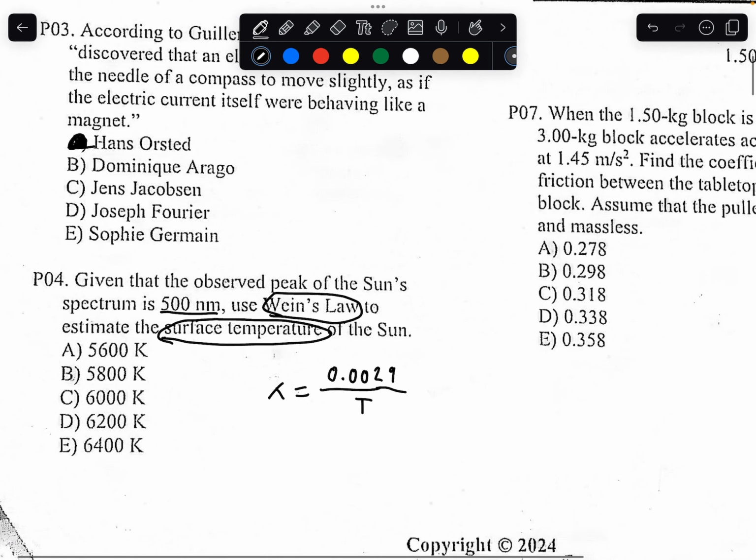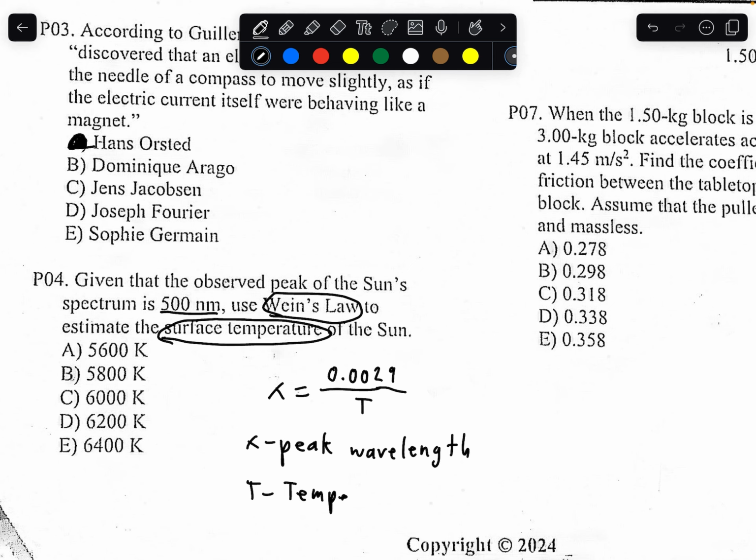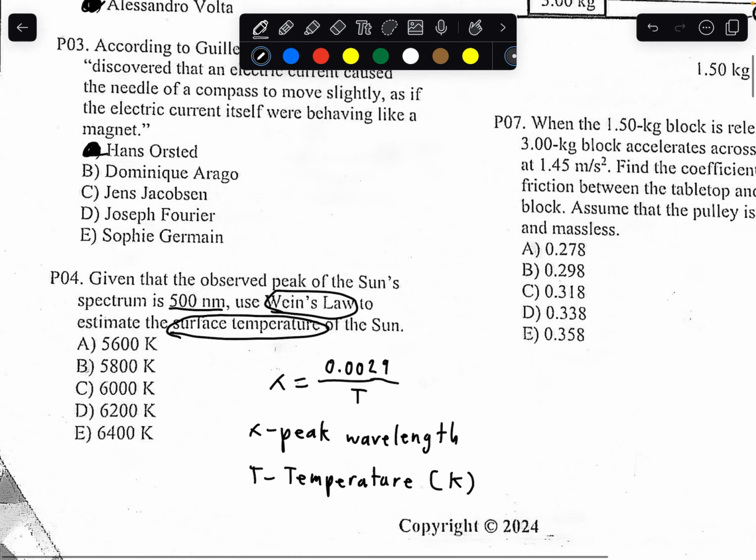So we know that the maximum wavelength, which is the peak, is the peak wavelength, and then T would be the temperature. Remember, temperature in physics most of the time is always going to be in Kelvin. So this is another example of it having to be in Kelvin.